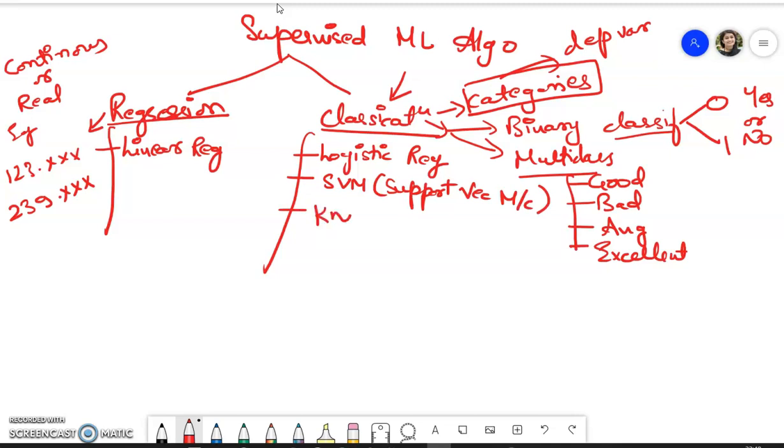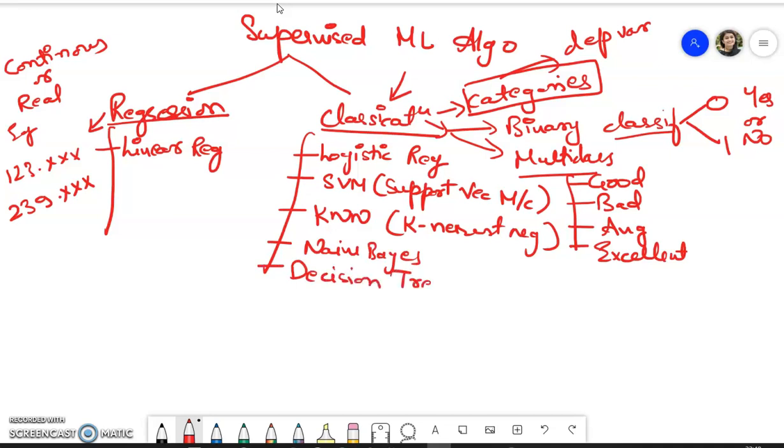Then we have k nearest neighbor, then naive Bayes and decision tree. Algorithms like decision tree, KNN, and SVM can also be used for regression based on the requirement. Apart from this, we also have something called ensemble techniques.